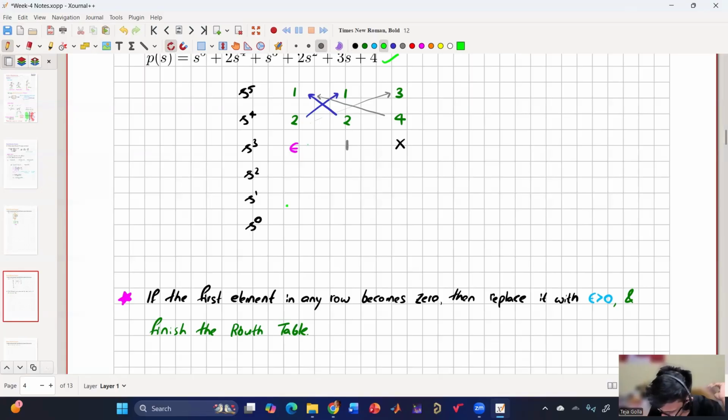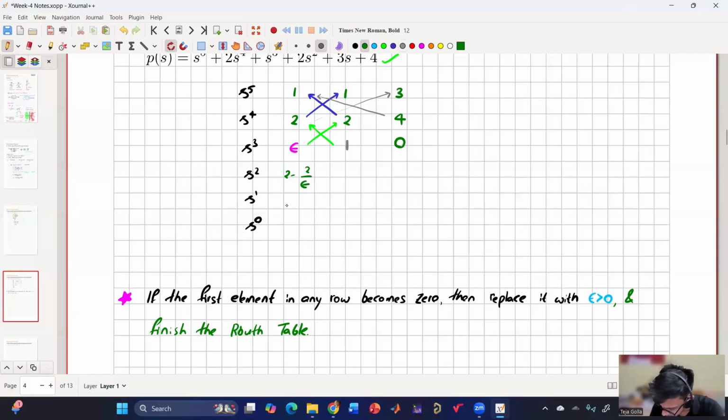We have to multiply with this, right? 2 epsilon minus 2 by epsilon. So what is this? 2 minus 2 by epsilon, right? Yes, sir. So this is 2 minus 2 by epsilon, and then the cross we can consider 0. So let us consider 0 only.